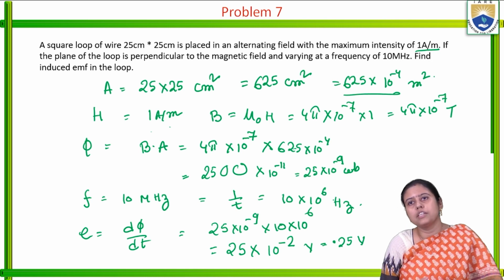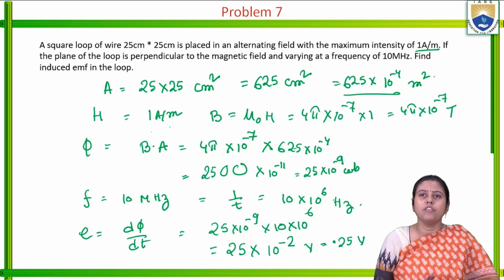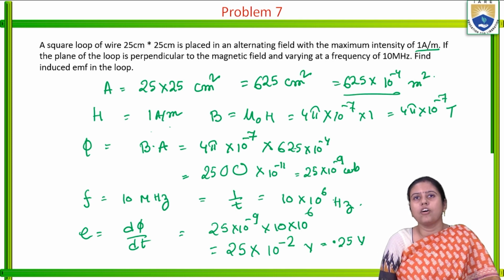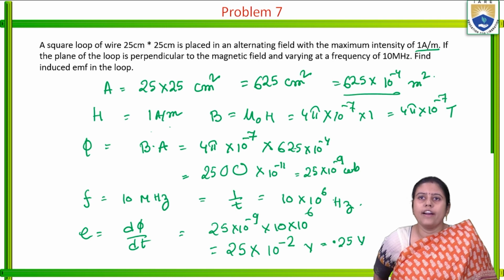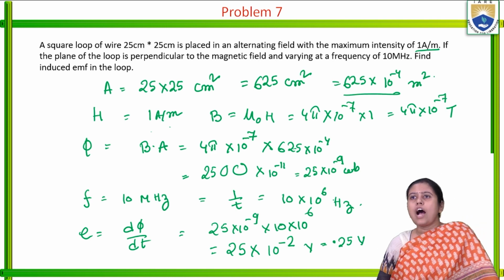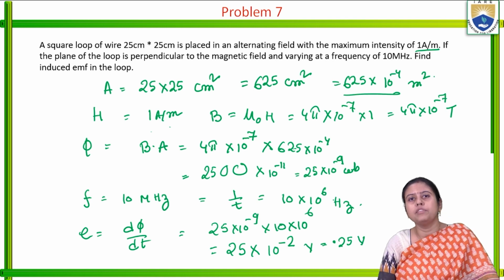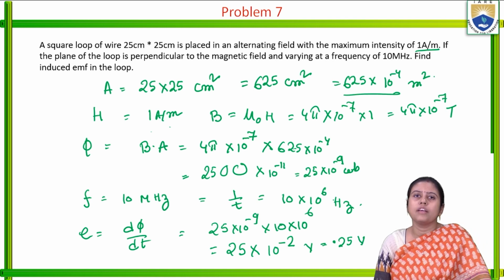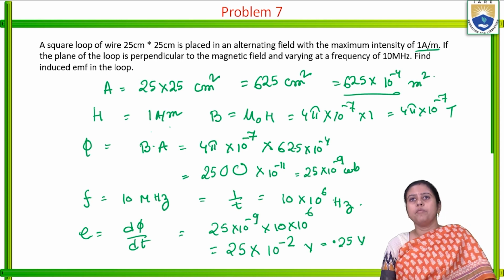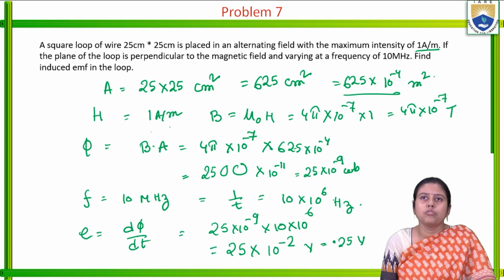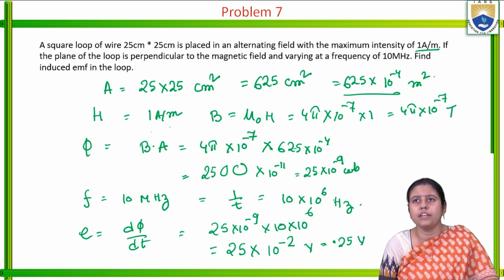So again, the question is the same. If we know the value of H, we have to calculate using Faraday's law, d phi by dt. How to get phi? B into A. How to get the value of B? B is equal to mu naught H. H value is given in the problem, and we have the value of mu naught, 4 pi into 10 to the power minus 7, into 1.